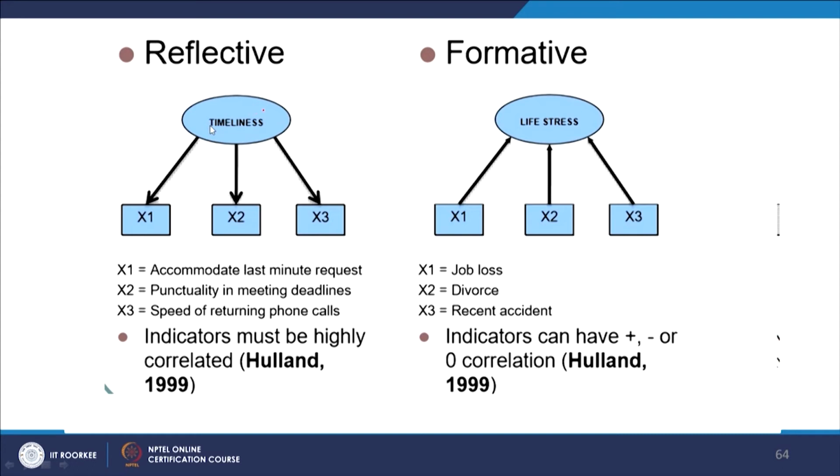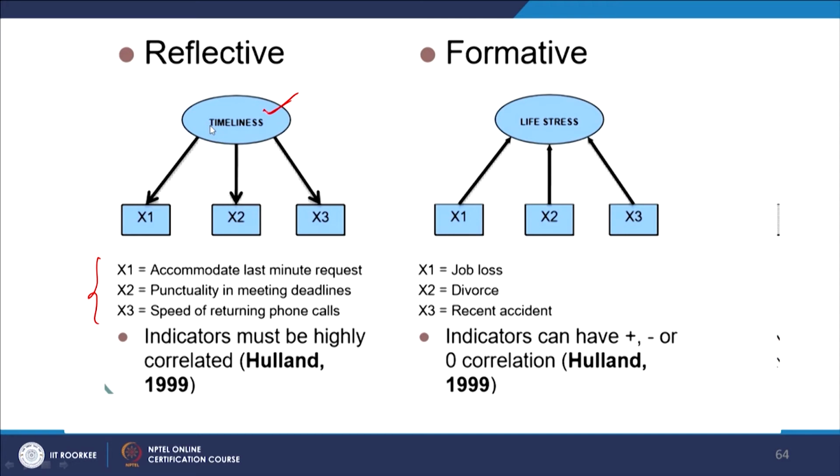So timeliness, somebody wants to measure timeliness. The 3 variables connected are x1, x2, x3: accommodating last minute requests, punctuality in meeting deadlines, speed of returning phone calls. If we logically think, these three are being explained through this construct timeliness, right.